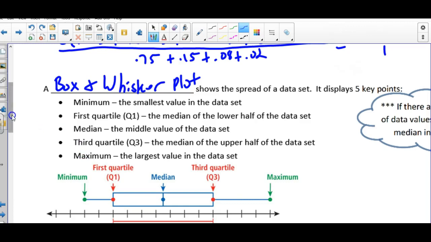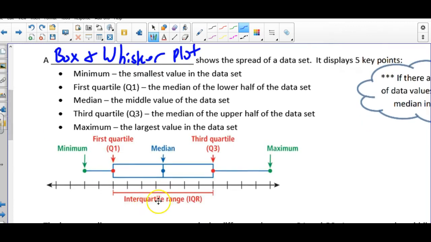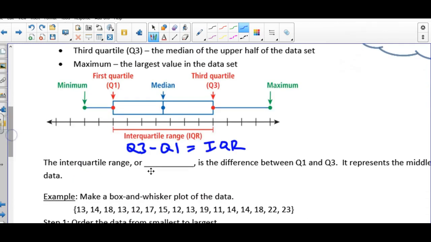Lastly, I want to talk about the interquartile range. This is basically how wide the box is. If you take Q3 minus Q1, your third quartile minus your first quartile, that'll give you your interquartile range. You can abbreviate it as IQR.